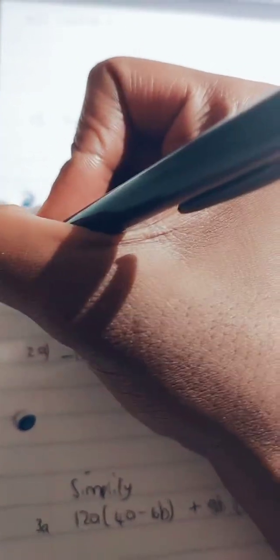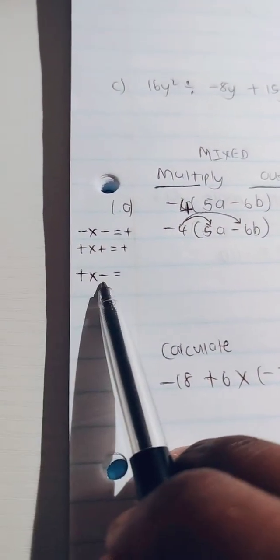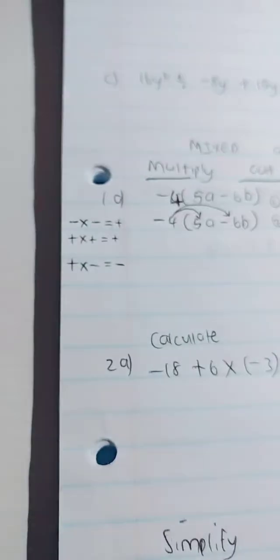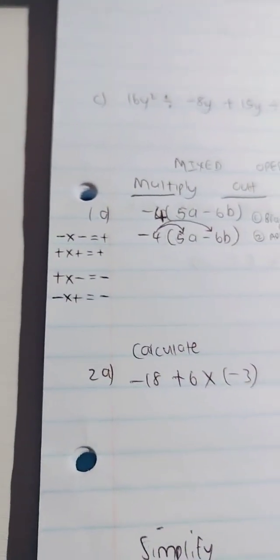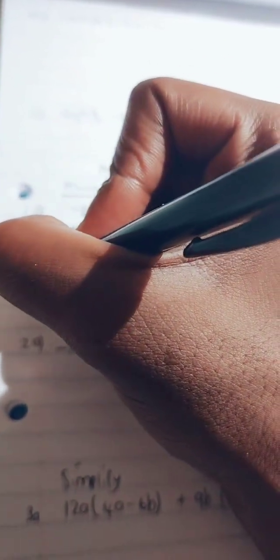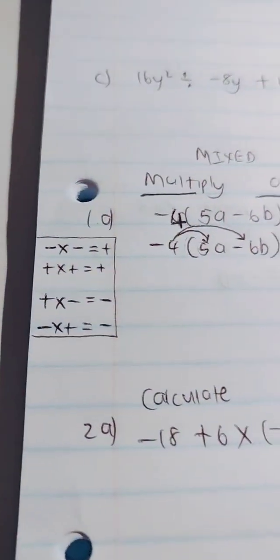But the minute you have a positive times a negative, these are different signs. So a positive times a negative gives us a negative, and also a negative times a positive gives us a negative. This is very important for us to know.